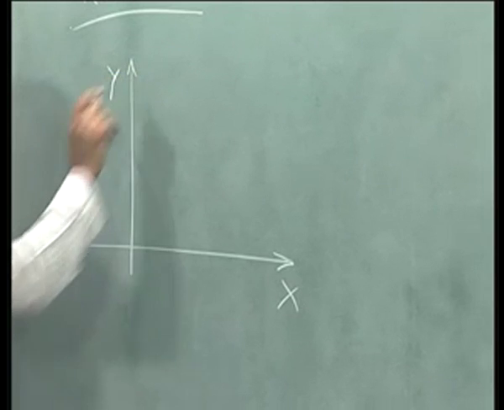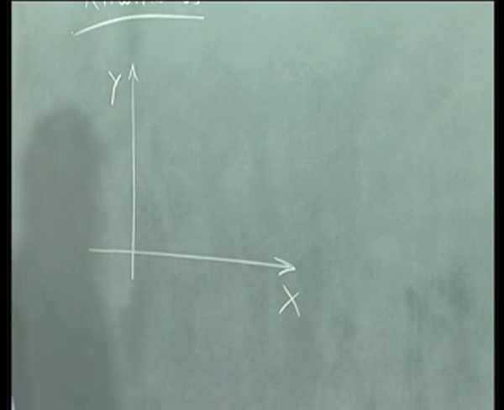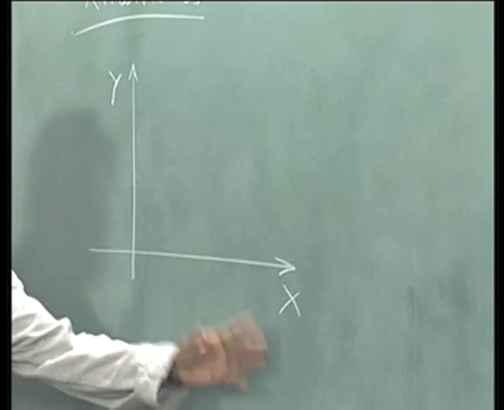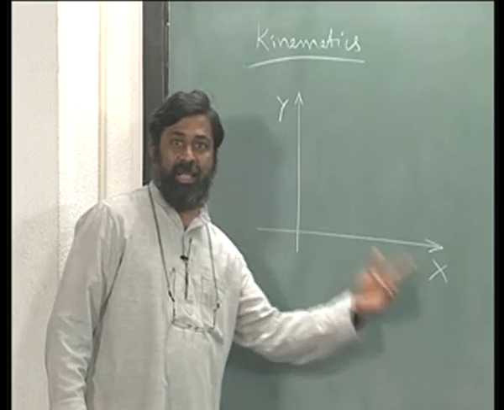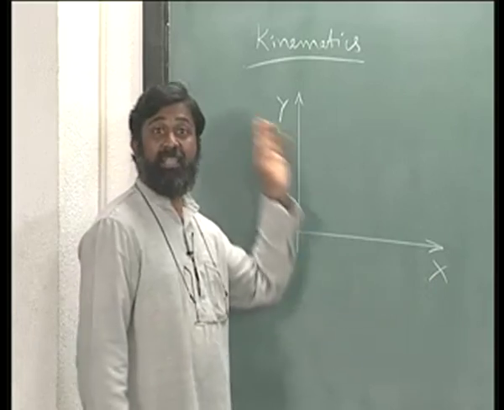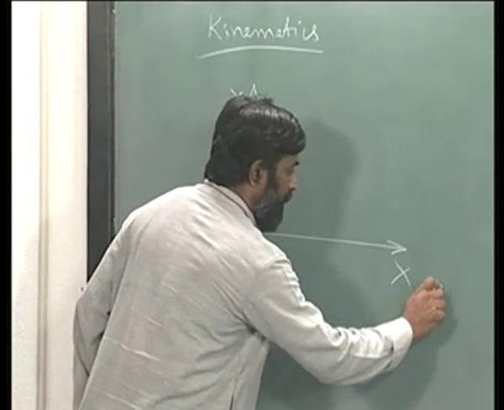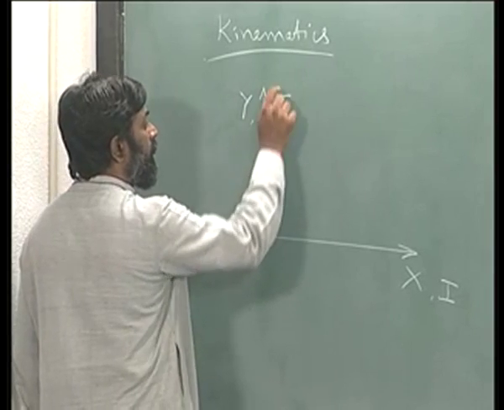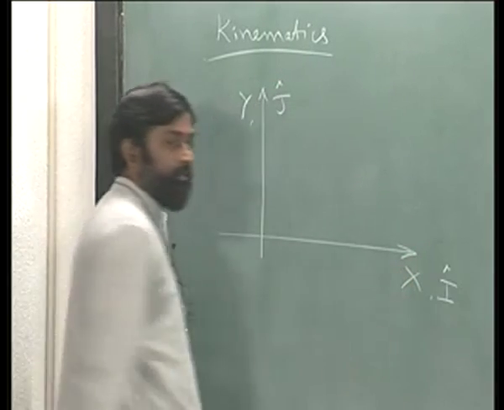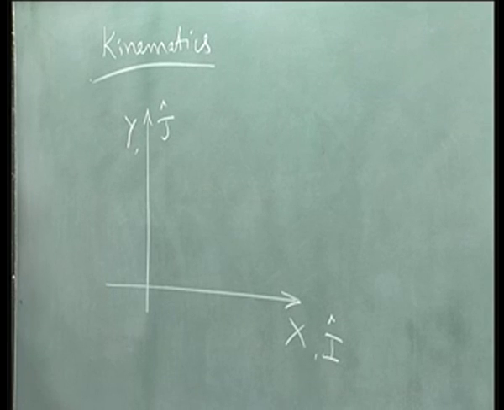In this particular set of modules, we will denote fixed frames of reference with capital letters, capital X, capital Y, or capital I, capital J for the direction vectors, capital K, capital Z for the other direction.